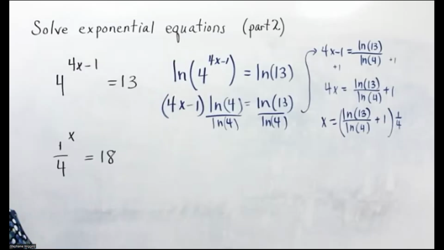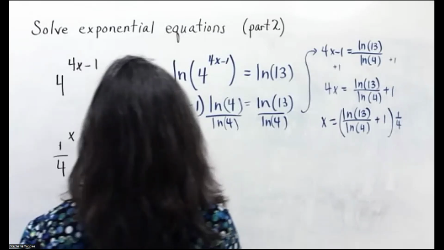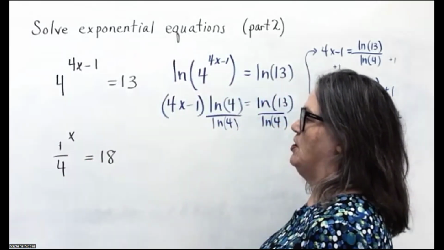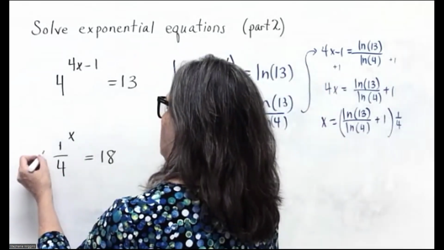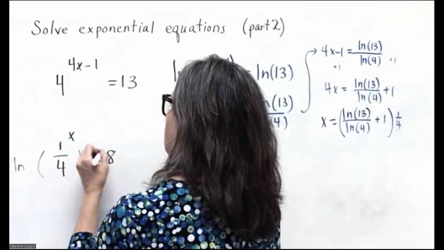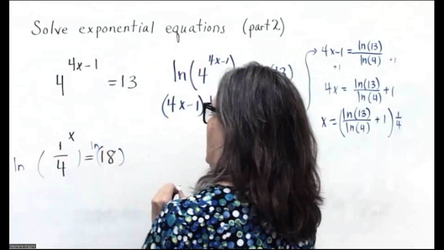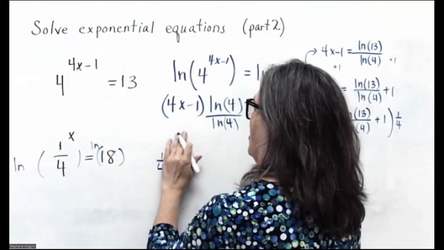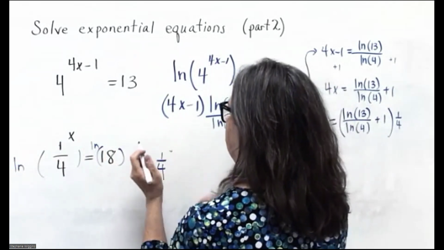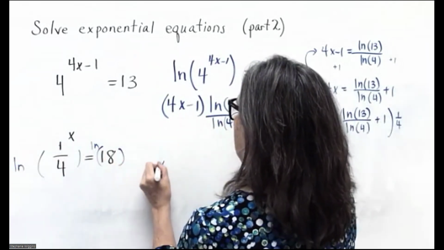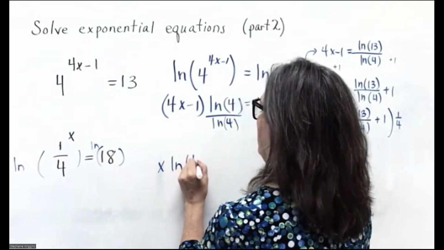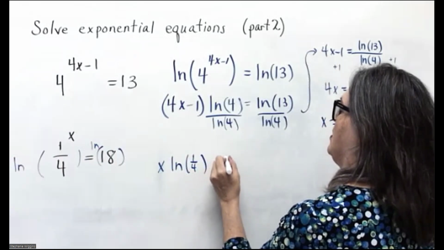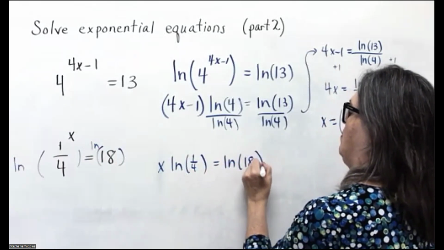Now, in this problem, same thing. I have x in the exponent. I want to get it out so I can solve for x. So I'm going to take the natural log of both sides. And I get x times the natural log of 1/4, bringing the exponent out front, equals the natural log of 18.